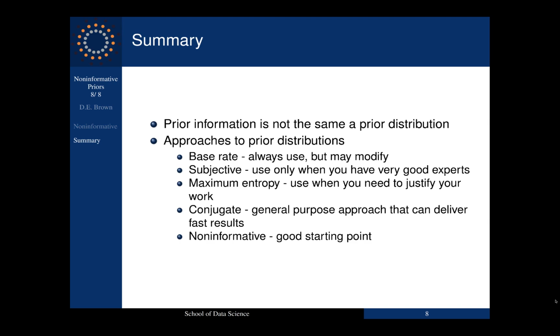If you're starting a problem and you really don't know very much about the domain, a non-informative prior is a good place to start, and it works very well. In fact, as we've seen, it is the maximum likelihood solution, the frequentist solution to problems, which, as we pointed out, makes it a subset of the entire Bayesian approach to problem solving. Okay, and that concludes our discussion of prior distributions and prior information.